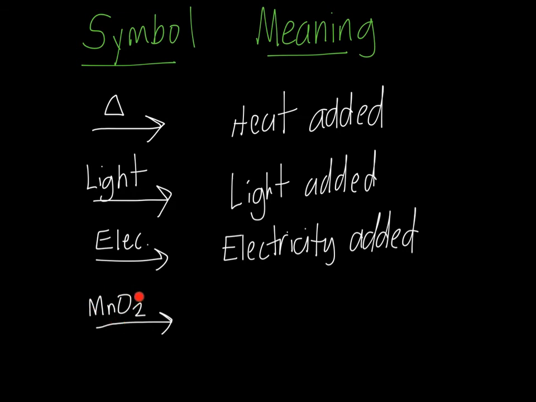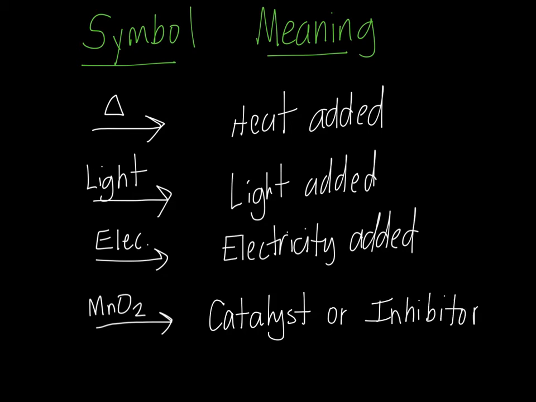This is just an example of one. But if you see that written above the arrow, that means that you're either adding a catalyst or an inhibitor. And we'll define what those words mean on the next slide.